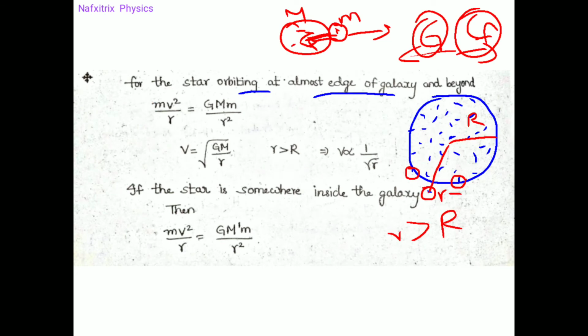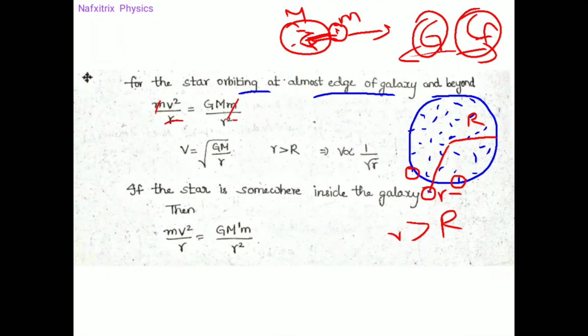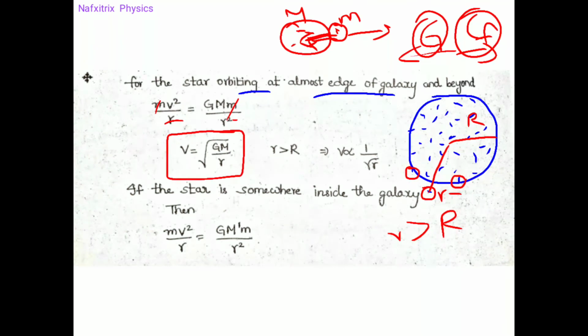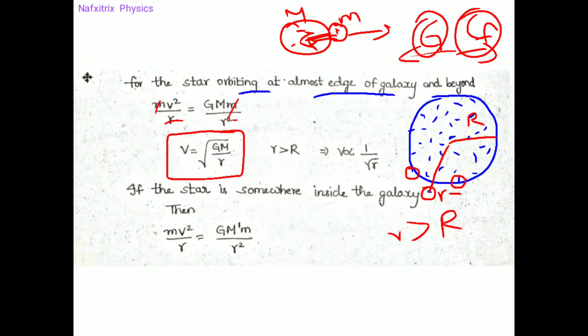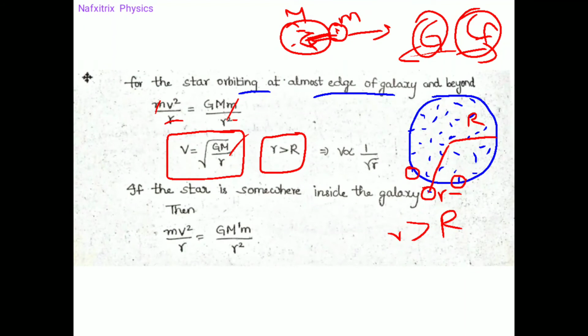Now here if we see, r would get cancelled. What would remain is v equals root GM by r. This is the required condition, this is the velocity of the star, for when r is greater than capital R. Here in general G and M are constant. G is the gravitational constant, and M is considered to be constant because the mass of that galaxy would remain constant.